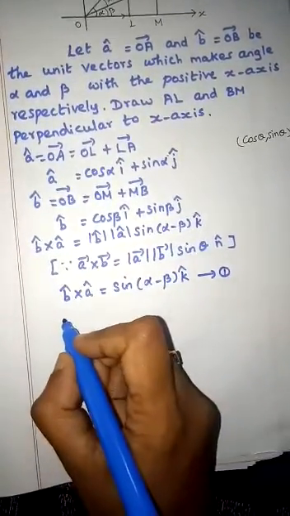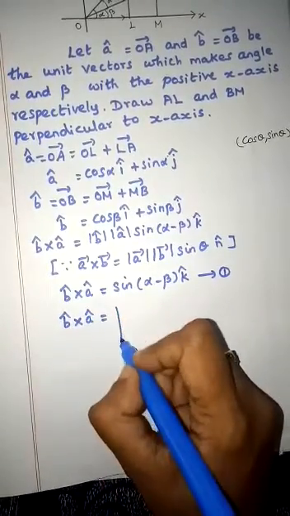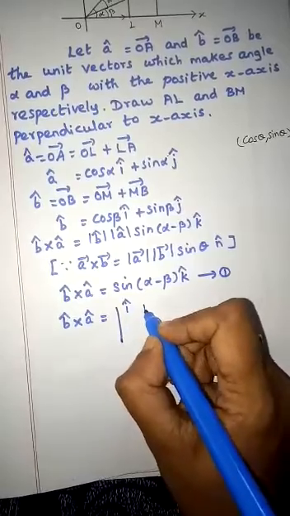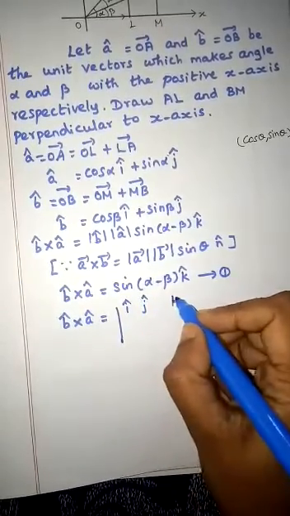Then in one more way I am going to find this value B cap cross A cap. How you can find the cross product: in the first row you put I cap, J cap and K cap.